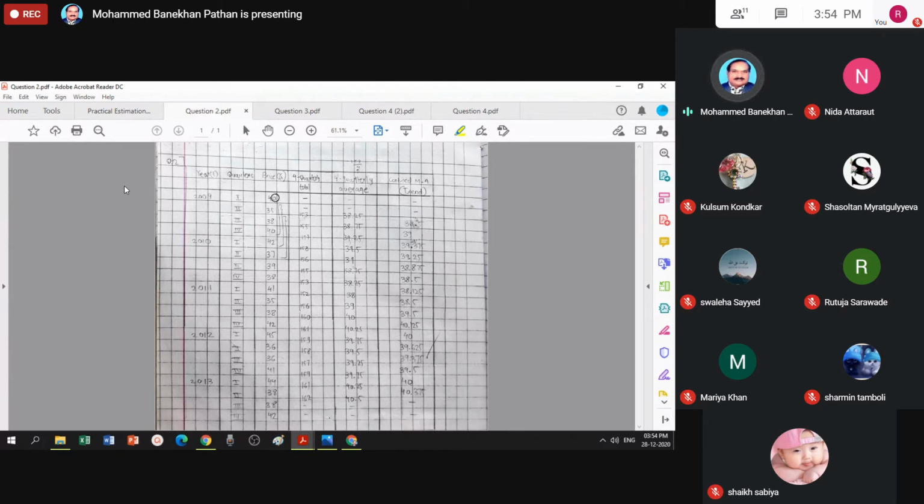Now the first column of calculation, according to period n equal to 4, is the 4 quarterly total.